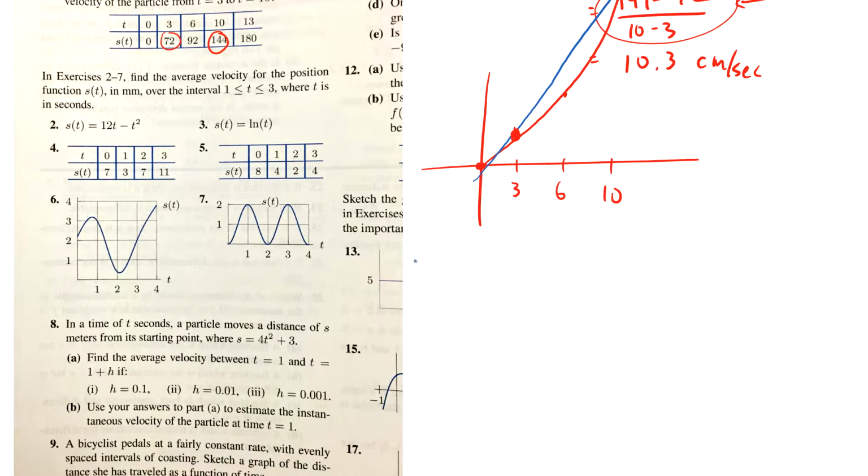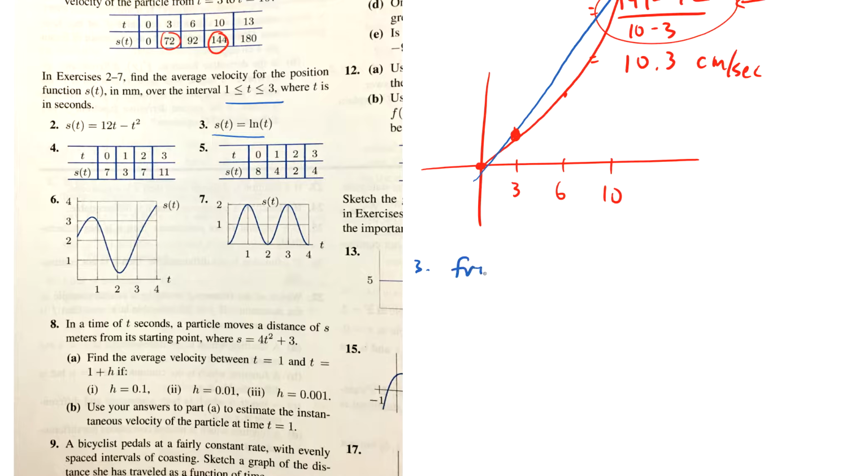Okay, number 3. Find the average velocity for the function from 1 to 3, where t is in seconds. So here's my function.